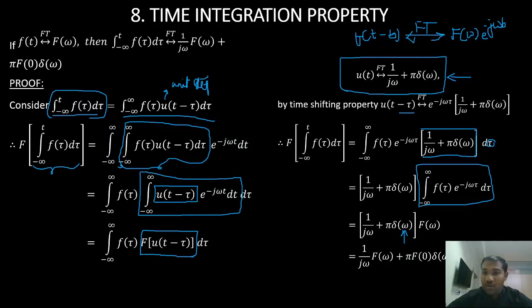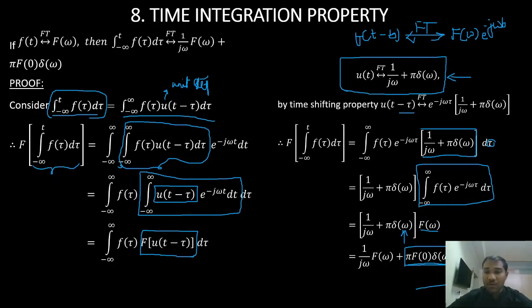So when omega equals 0, F of omega becomes F of 0 into delta of omega. This is one of the properties of impulse functions, multiplication by an impulse. If you look at the second property of impulse functions, it is multiplication by an impulse. So from that property, this exists only at omega equals 0, and in place of omega for F of omega, I'll substitute F of 0.